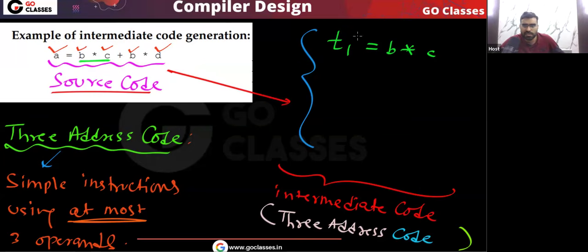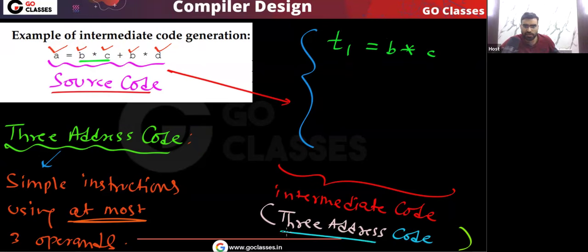Because remember, in the 3 address code, instructions are very simple and they will use at most 3 operands. Yes or no? Every instruction will use at most 3 operands.